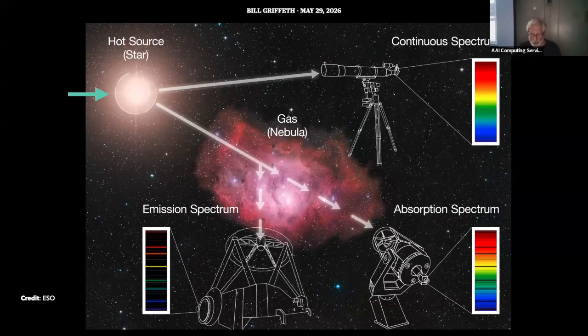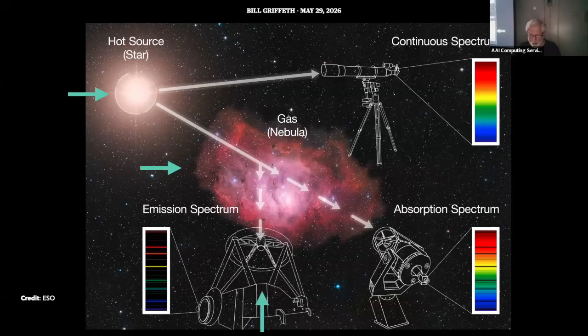However, if there's a cloud of gas between the star and the spectrograph, the atoms of the gas will absorb some of the light, causing dark absorption lines in the star's spectrum that can be analyzed to determine what elements are present in the cloud.